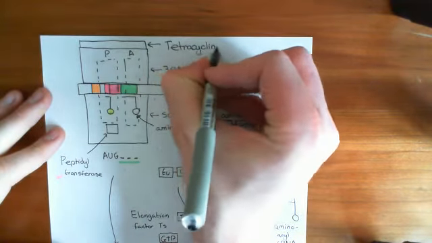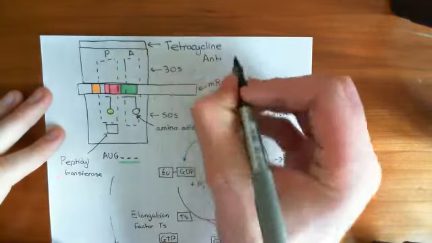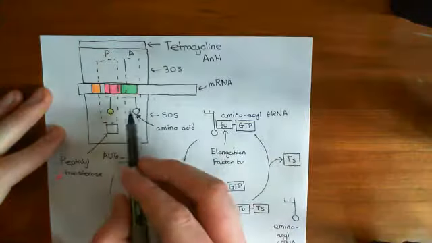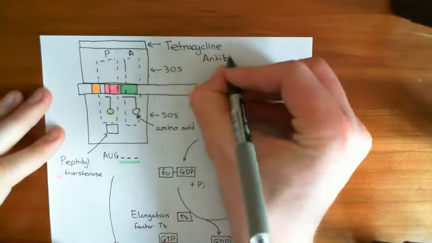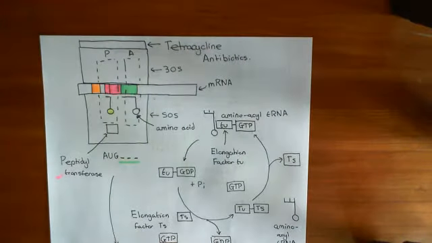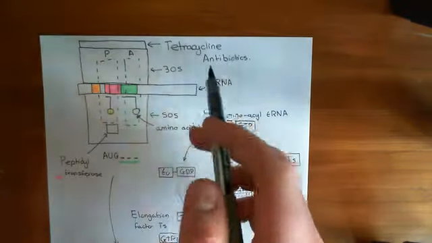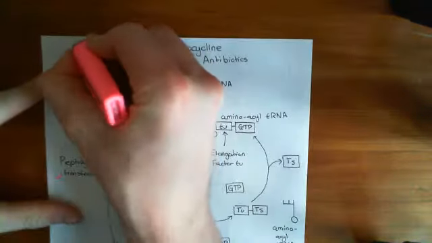And what happens is they stop the aminoacyl tRNAs from being able to come into the A site properly. Well, don't get me wrong, actually. I need to say this very carefully. The tetracycline antibiotic has bound to this 30S subunit of the ribosome, and let me just colour it in to make it completely obvious what I'm talking about.